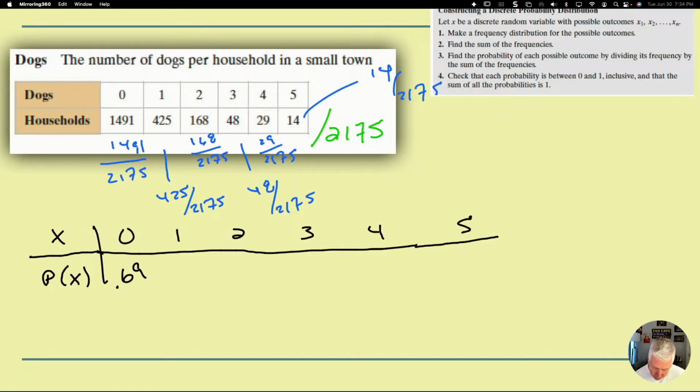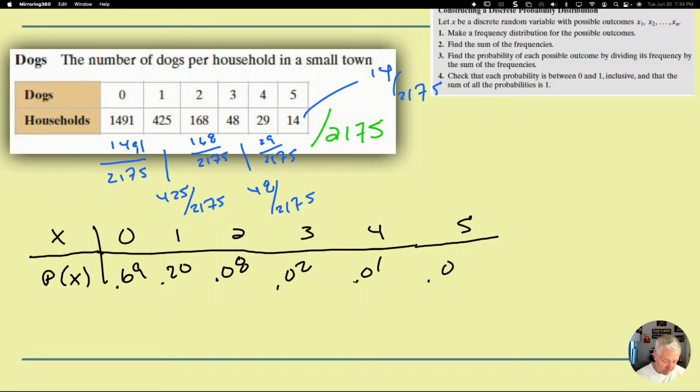So for 1 dog, 425 divided by 2,175, 0.20. 168 divided by 2,175 equals 0.08. 48 divided by 2,175 equals 0.02. 29 divided by 2,175 equals 0.01. And the last one is 14 divided by 2,175, 0.01 as well.